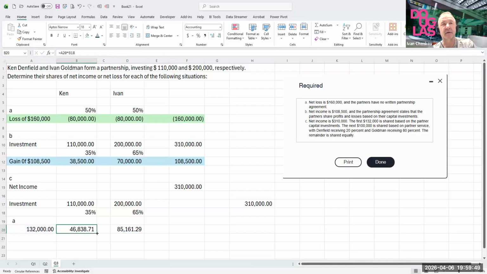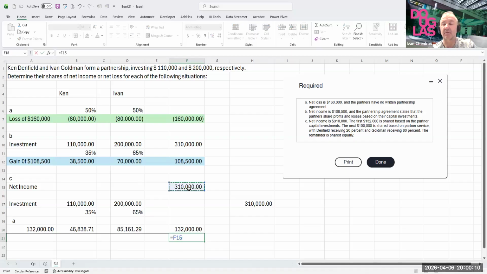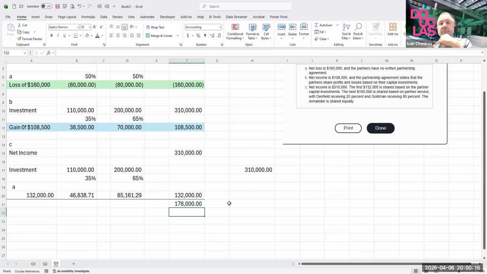In total, they're sharing exactly 132. How much is left after these calculations when they're allocating this? How much is left for allocation? That will be 310 minus 132, 178 left for allocation.